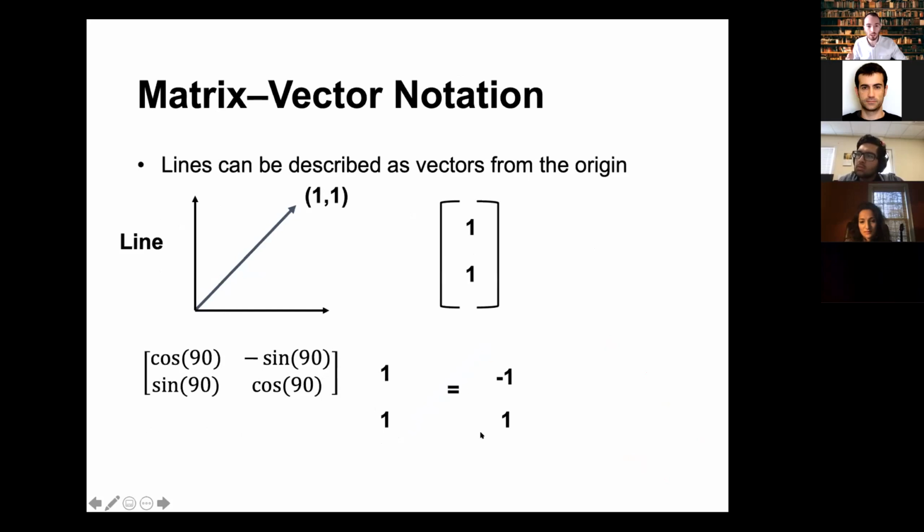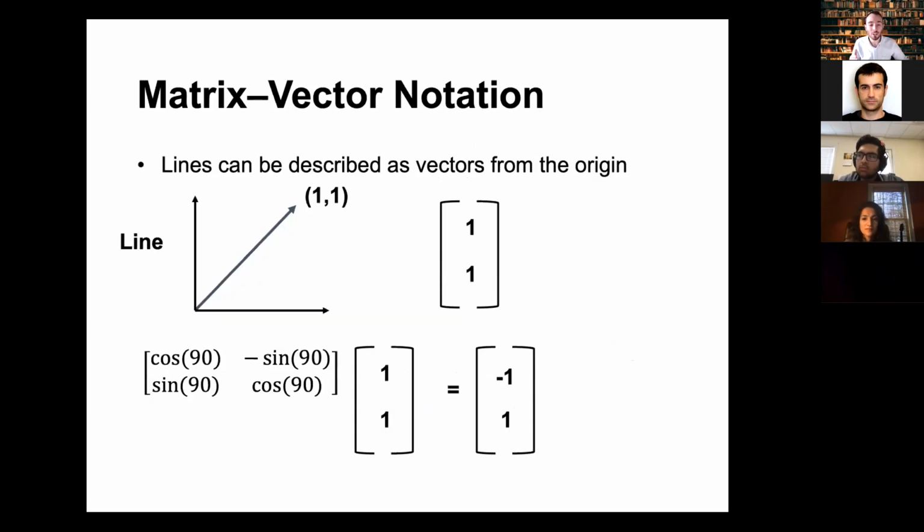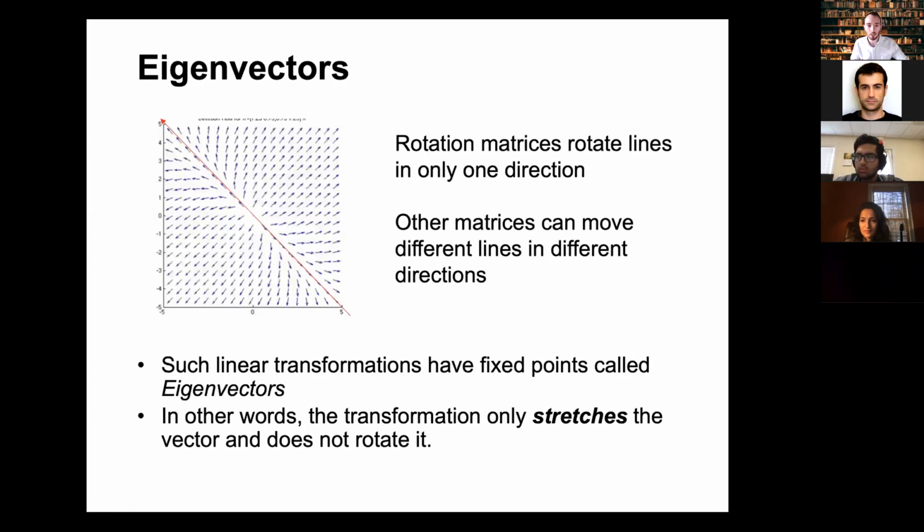I'm realizing there were animations here that I forgot about, but these are vector notations, and this produces a line like we were seeing before. So x1 would be negative 1, so it'd be out to the left here, but x2, or the y-axis, is still 1, so we get a 90-degree rotation counterclockwise.